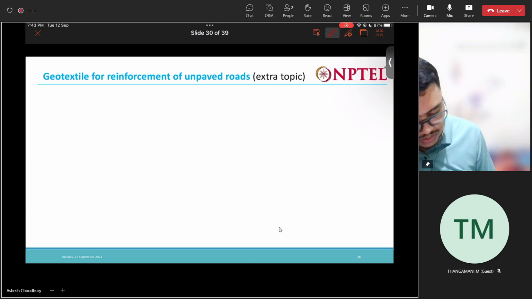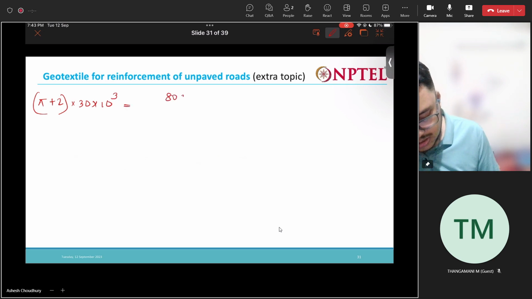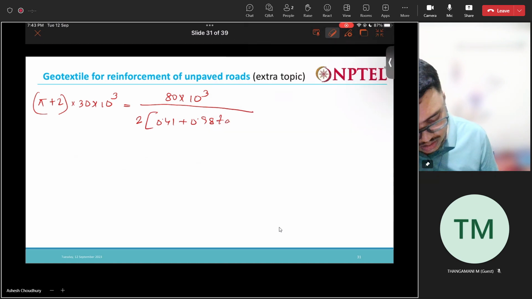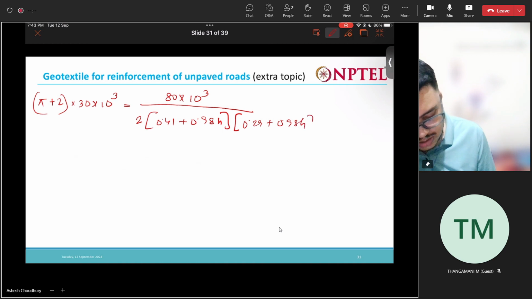Now what we need to do, pi plus 2 into 30 into 10 to the power 3, 15 into 10 to the power 3, minus 90 into 10 to the power 3. So we'll consider 10% elongation.